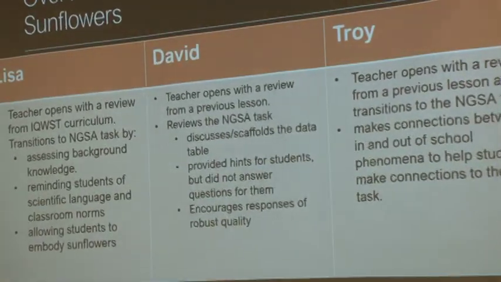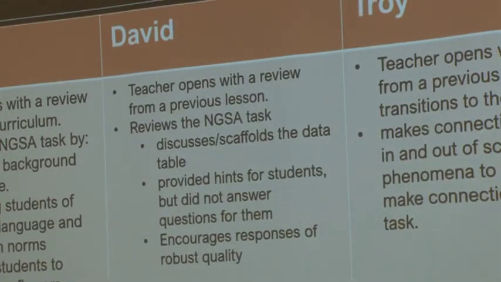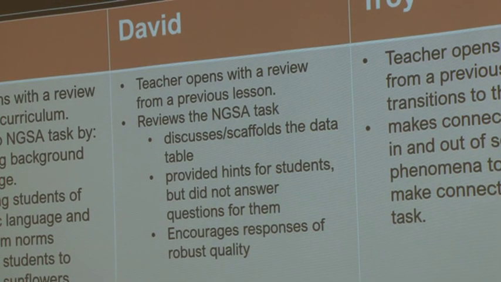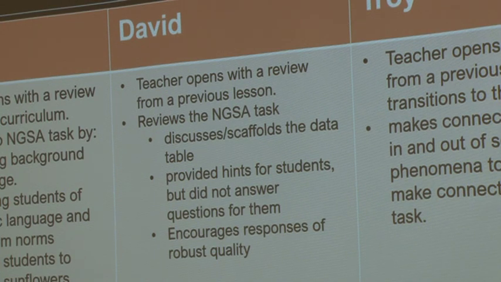So David, we'll see that David has a more traditional view of science and science learning. So he did discuss the data table. He didn't give students the answer, but he did provide some hints for students. And he encourages students to give a robust quality response.